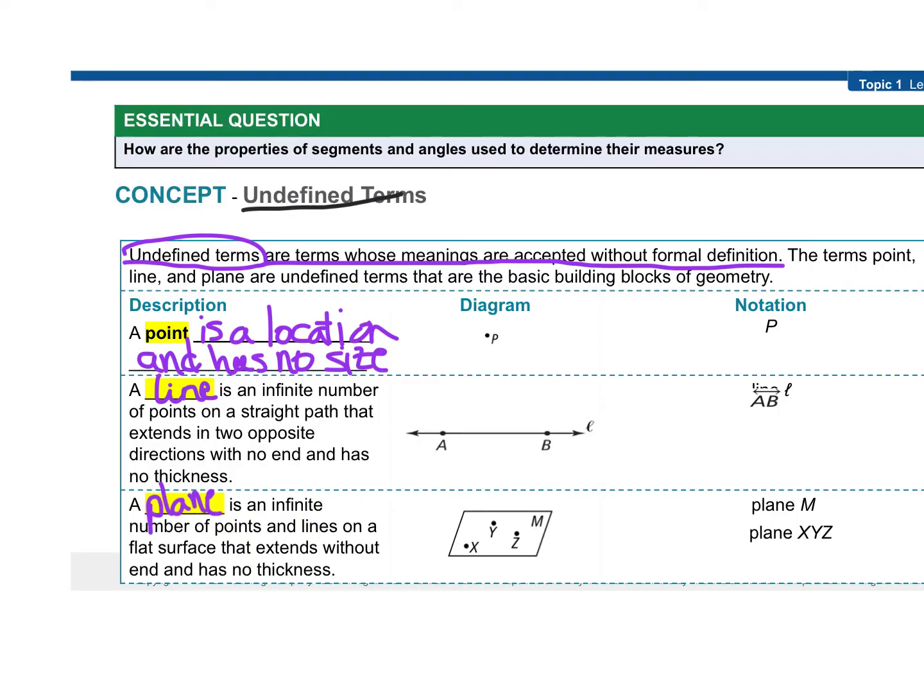It's like the wall. It would be a plane if it kept going forever and ever and ever. And you can see the notations over here, how you notate them, and a diagram of what they are. These are the only three undefined terms. These three undefined terms is what we use to define all the other geometries.